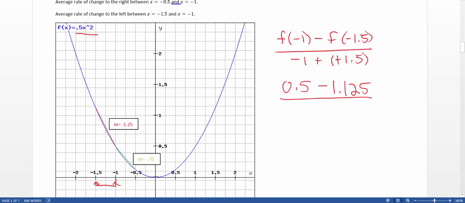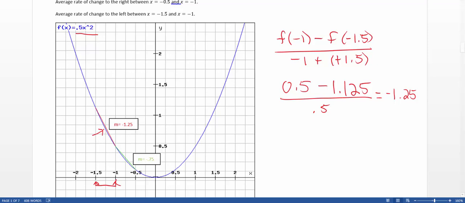Again, the minus and the negative are going to cancel, and that's going to give us 0.5 on the bottom. When we plug that into our calculator, we get -1.25 for our slope of the average rate of change to the left of -1.